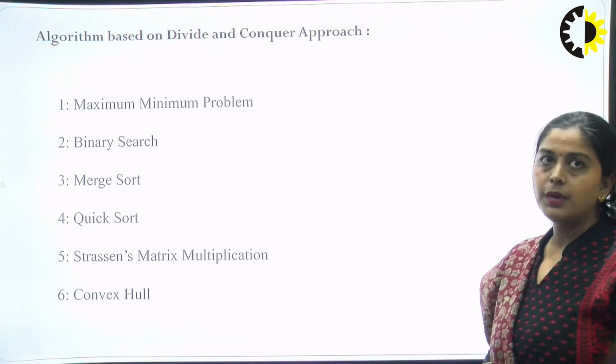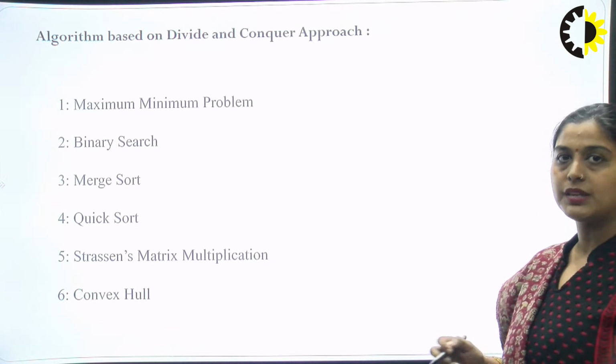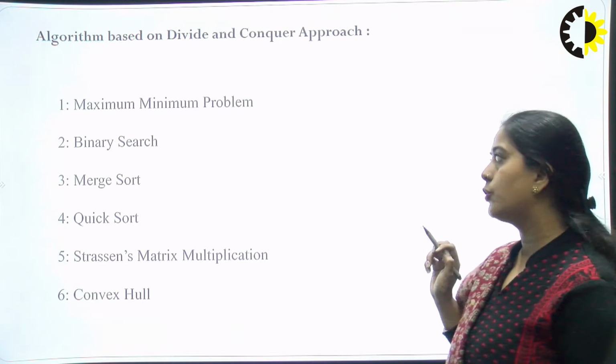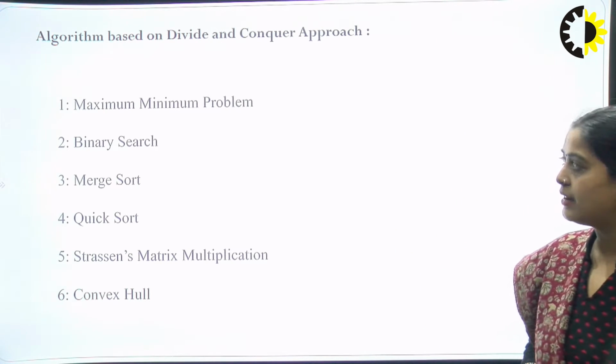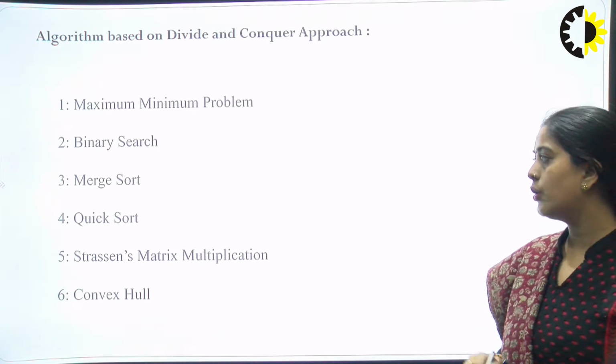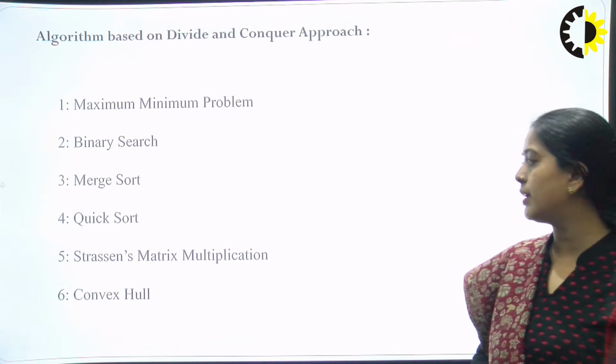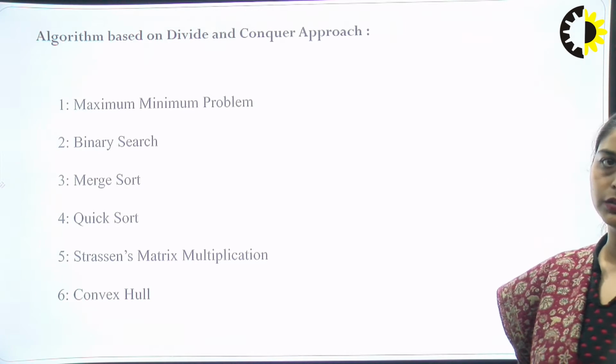So these are some algorithms which are based on the divide and conquer manner. First one is maximum minimum problem, binary search, merge sort, quick sort, Strassen's matrix multiplication, and the convex hull.